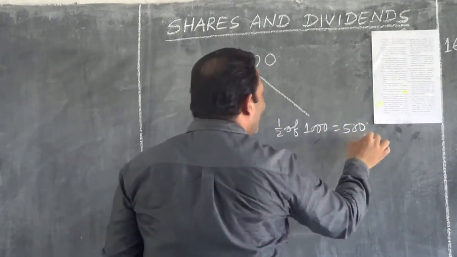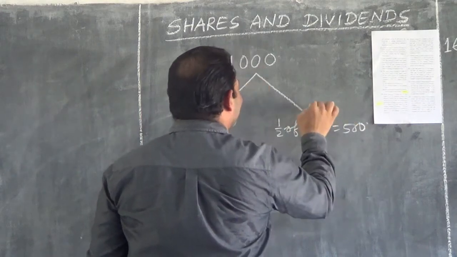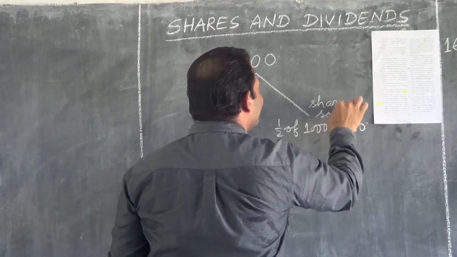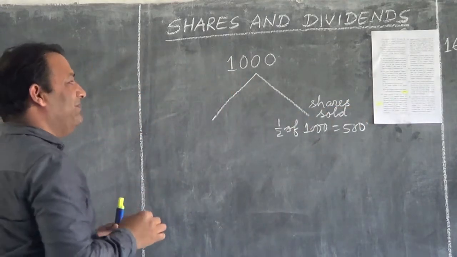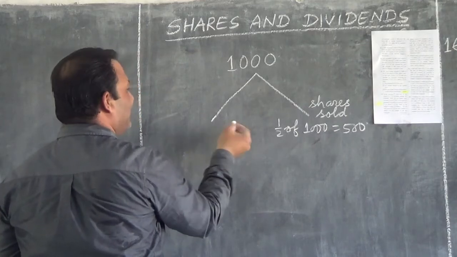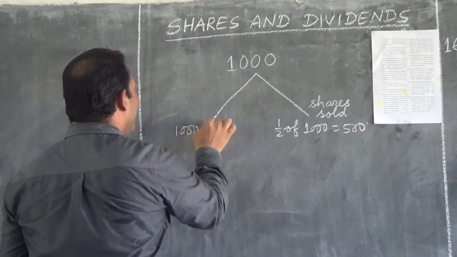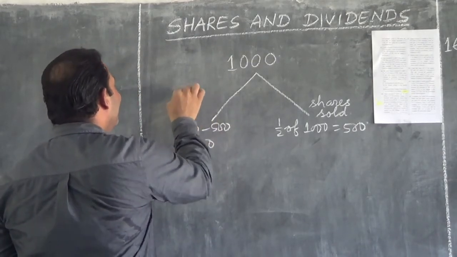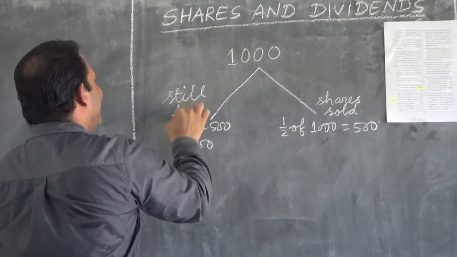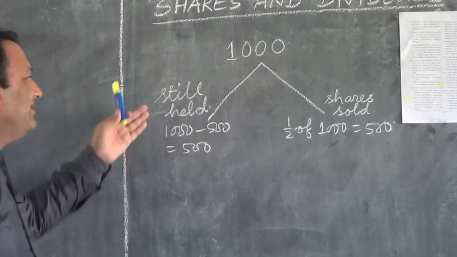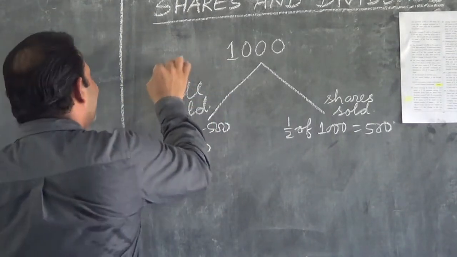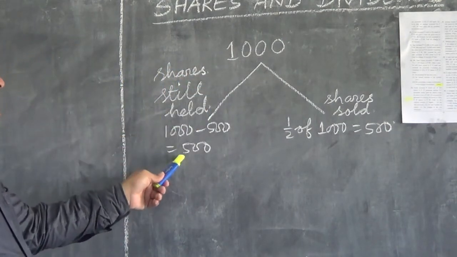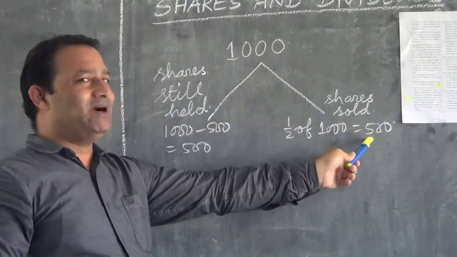This many shares were sold by him, and the rest, 1,000 minus 500, equals 500 shares still held by him. Shares still held: 500, and shares sold: 500.